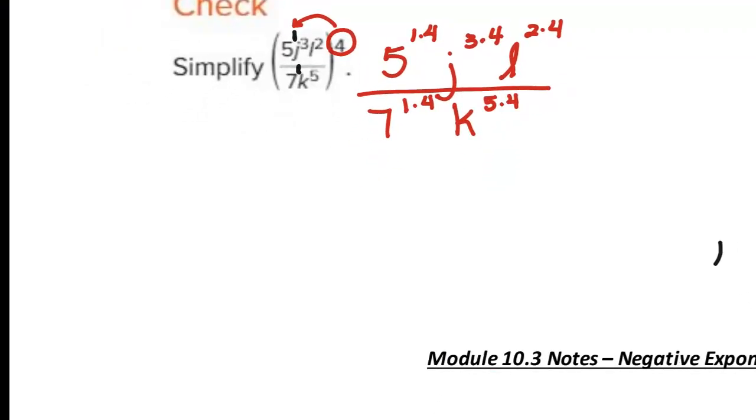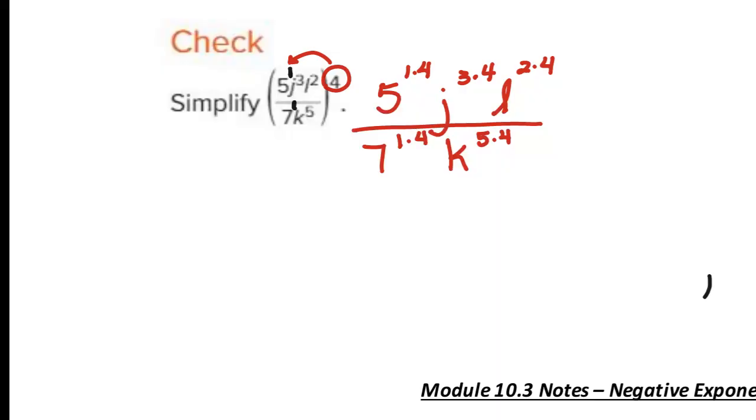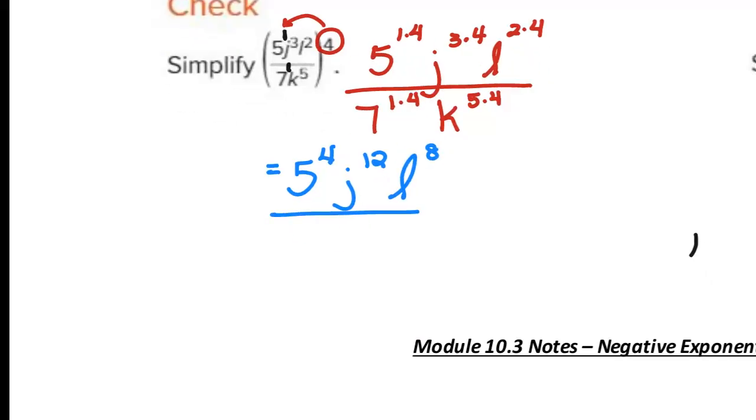So this is the top of page 9. So simplifying it, I'm going to say this is 5 to the 4th, J to the 12th, because we're multiplying, L to the 8th, all divided by 7 to the 4th, and K to the 20th.